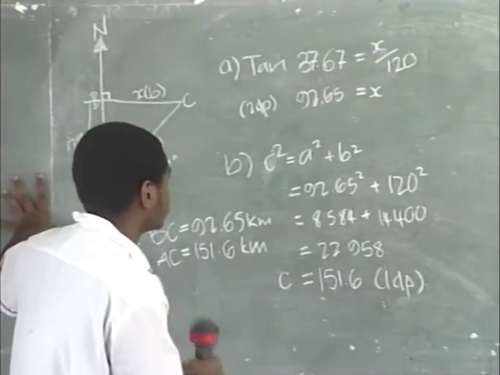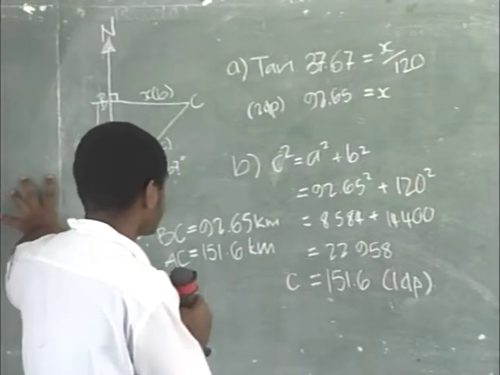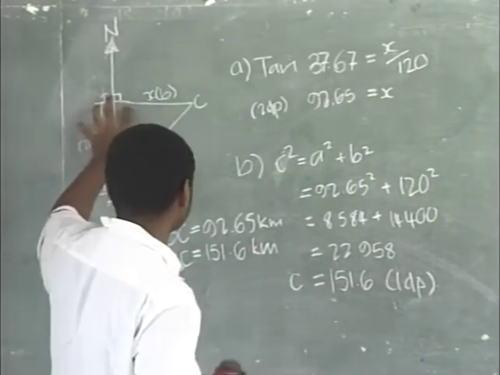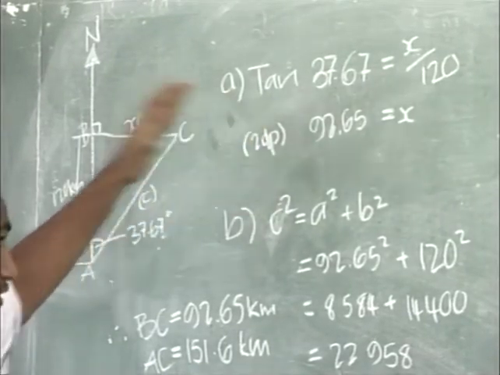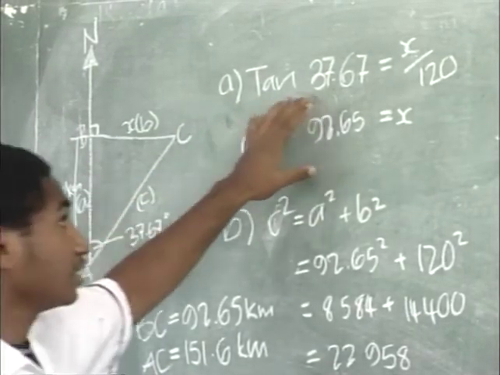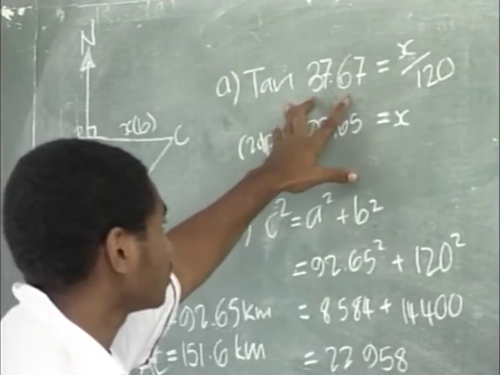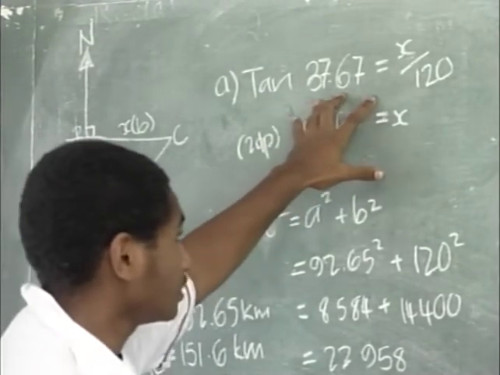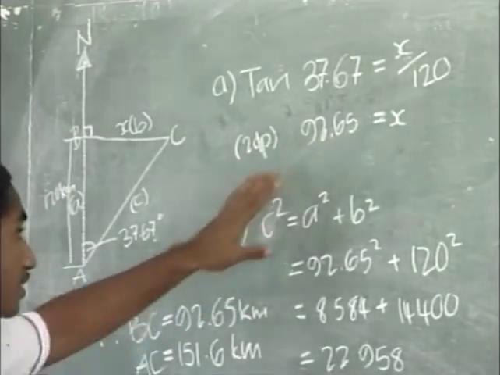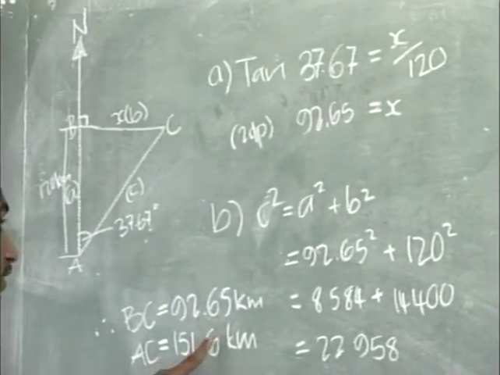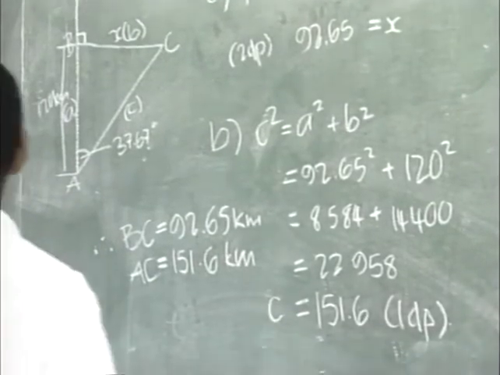To find BC, I just labeled the length x. So I used tangent 37.67 degrees is equivalent to x over 120. So the answer is 92.65 kilometers to 2 decimal places.